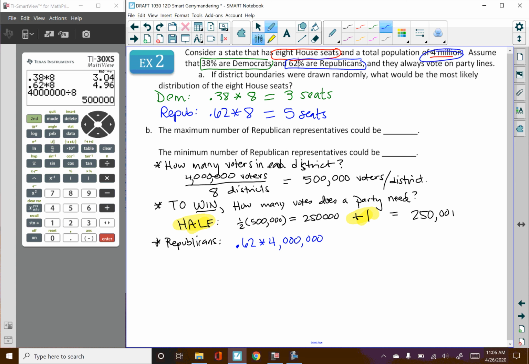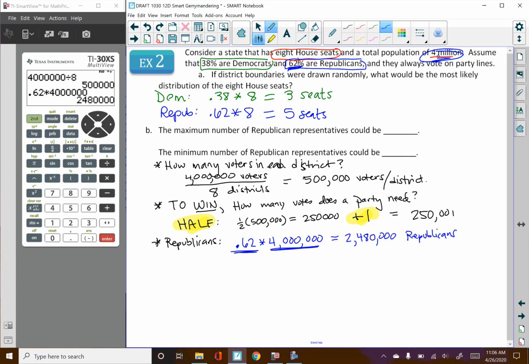That means we have 2,480,000 Republicans. So again, that's the percentage multiplied by the total population.